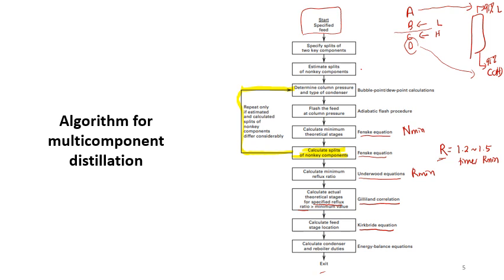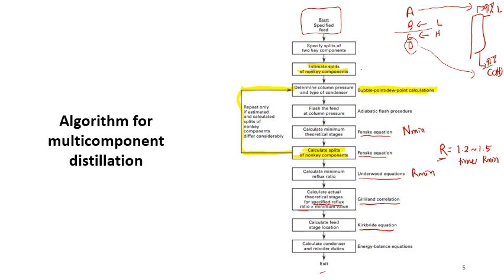Because when we calculate the bubble point or dew point calculation, these are just estimates because we are using the estimate splits of non-key components, because initially, remember, I said we specify the split of two key components. Let's say for component B, we specify 95% of component B is recovered in the top product and 100% of component A is recovered in the top product. And then we specify 95% of component C is recovered in the bottom product and 100% of component D is recovered in the bottom product.